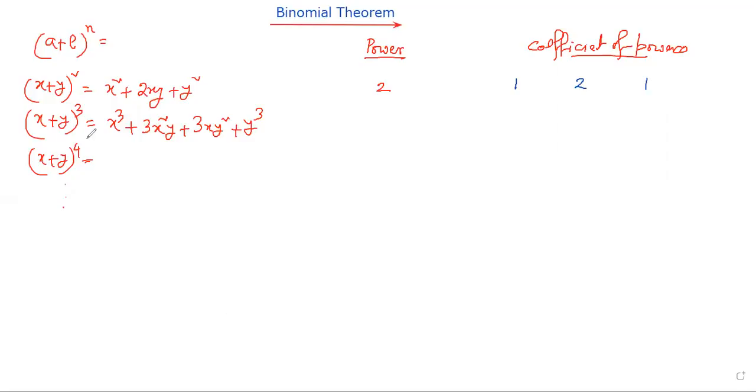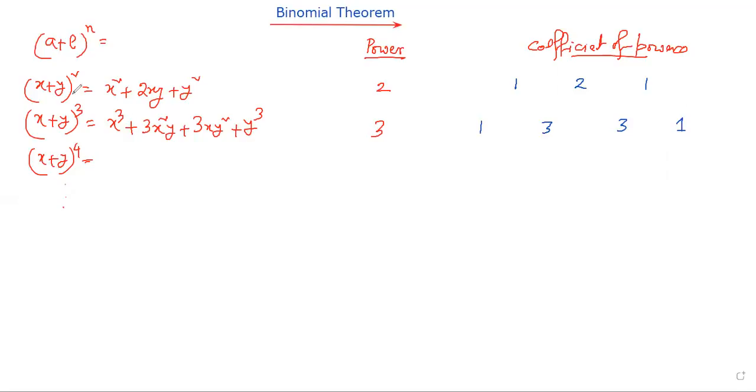Now please see that whenever power 3 is given, what are the values of the coefficients? We write 1, 3, 3, 1. Now what would these coefficients be, and in which way will it continue, that we need to understand.